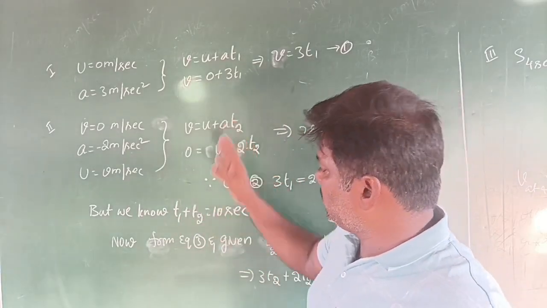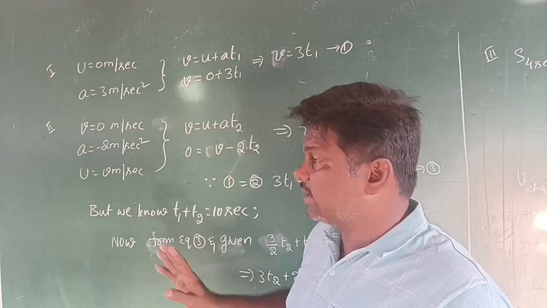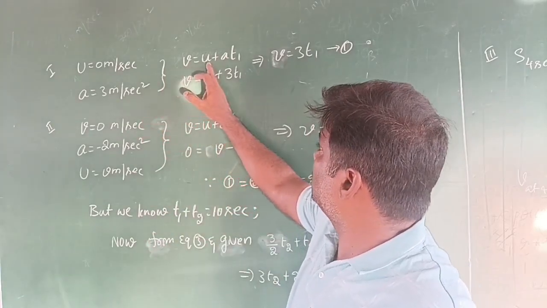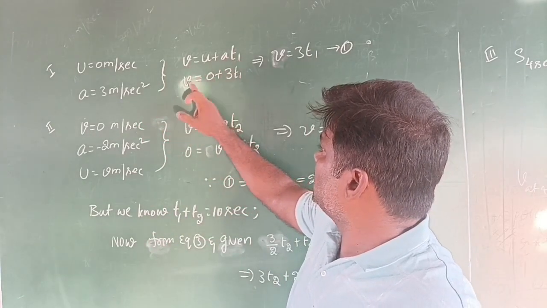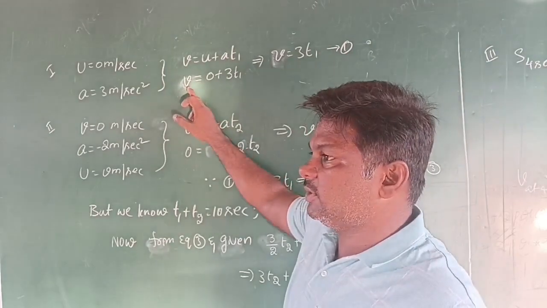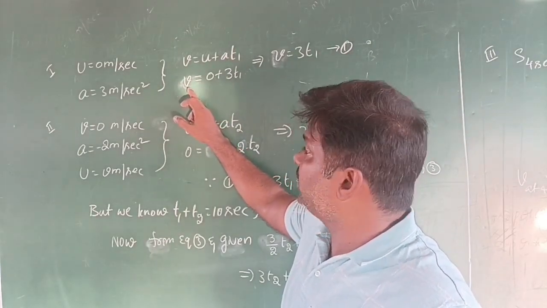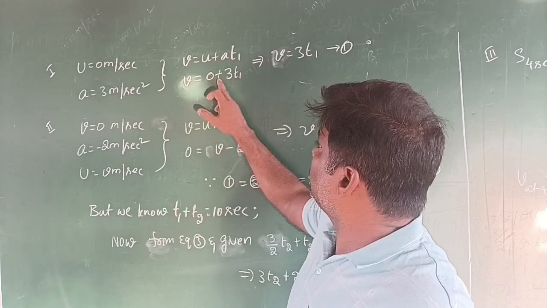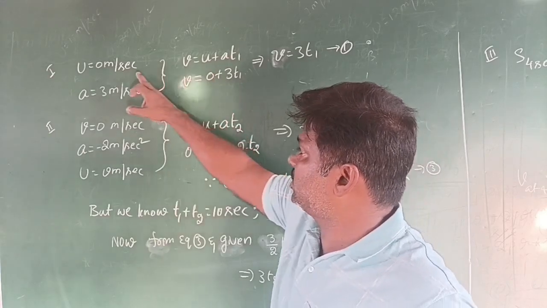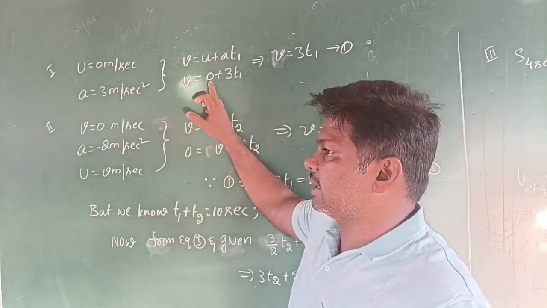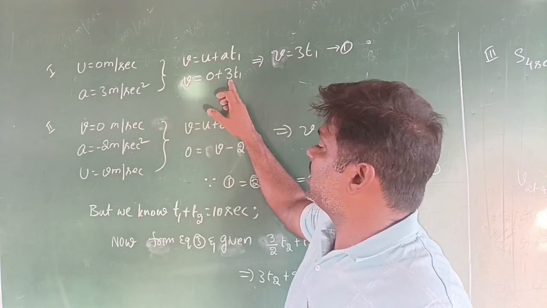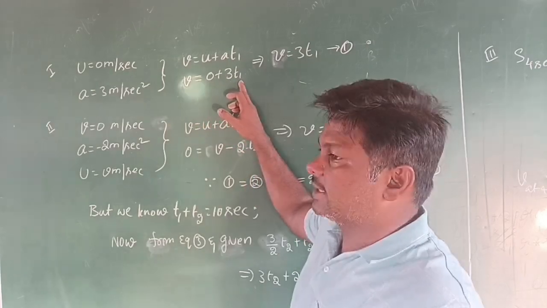First of all, we need to get the time values. For that, we use the equation v is equal to u plus at. V is the final velocity, which we need to calculate. V is equal to 0 plus 3 t1. 0 is the initial velocity, that's why I am writing 0 meters per second. 3 is the acceleration and t1 is in seconds.